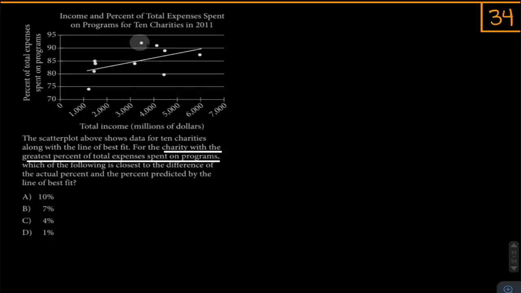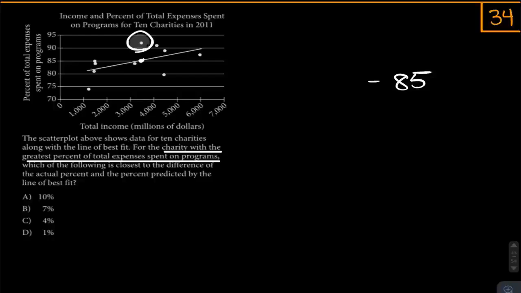And so now we have that charity, and it says which of the following is closest to the difference of the actual percent, right? So whatever percent we have here, and the percent, so that's the actual percent, and the percent predicted by the line of best fit, okay? So the line of best fit is down here, right? That's this line. And so the percent predicted by the line of best fit looks like it's a little above 85, right? So let's say 85.